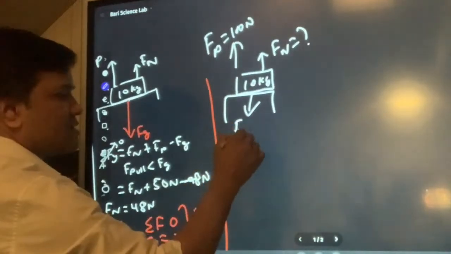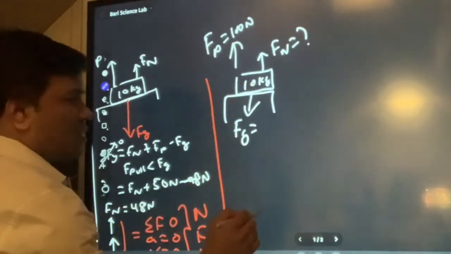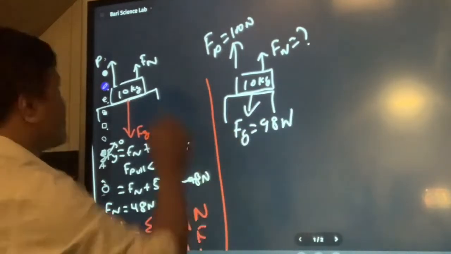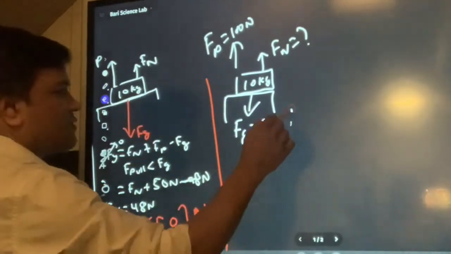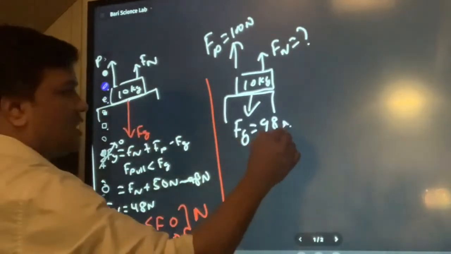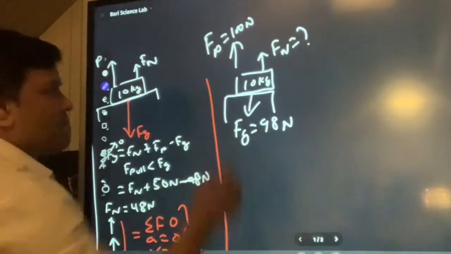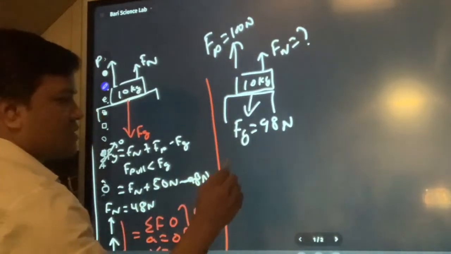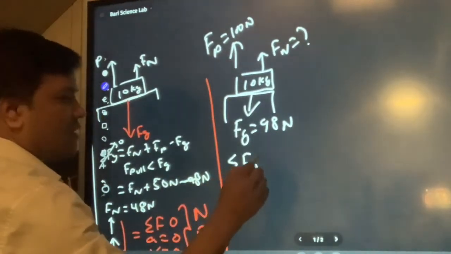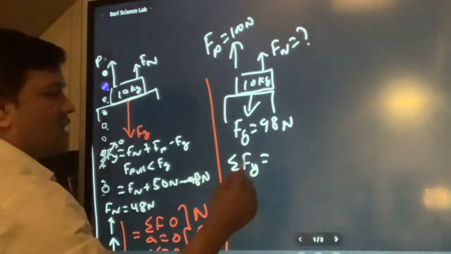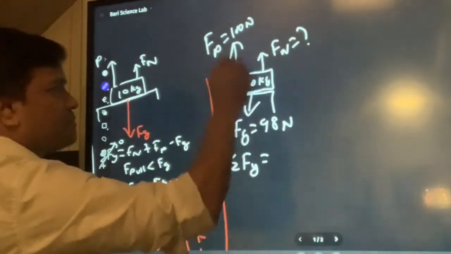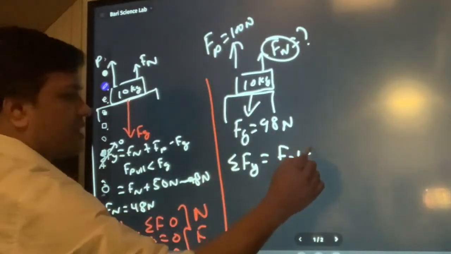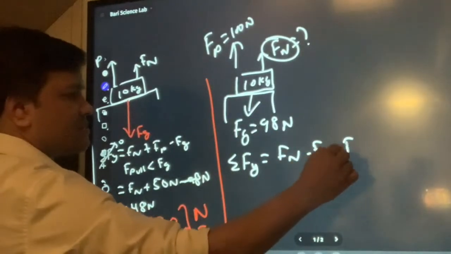The box is off the table because there is a net force. How much net force is acting on the box? Let's see. 100 minus 98, and that is 2 Newton. Can we show it by Newton's second law? Yes. Fy is equal to Fn plus Fp minus Fg.